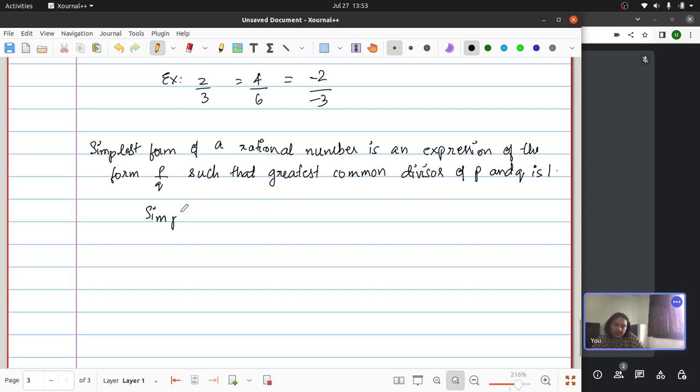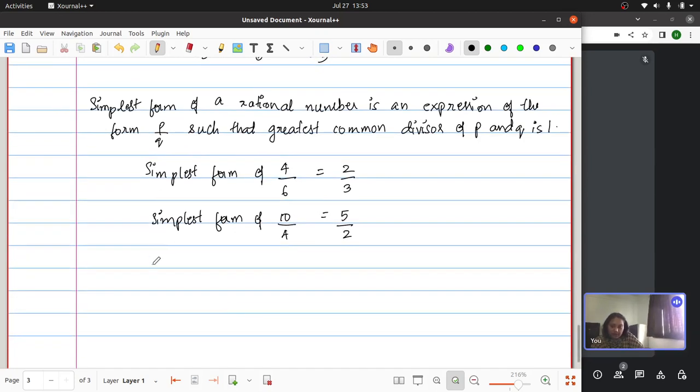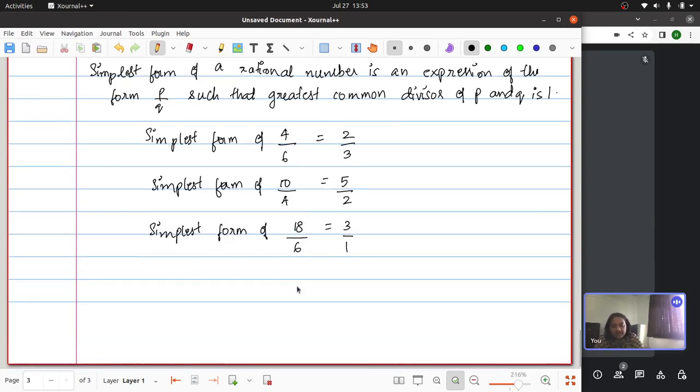Let's look at a few examples. 4 by 6 would be 2 by 3. The simplest form of 10 by 4 would be 5 by 2, and so on. Let's look at one more example, say 18 by 6. This is 3 by 1, right, which is the same as 3.